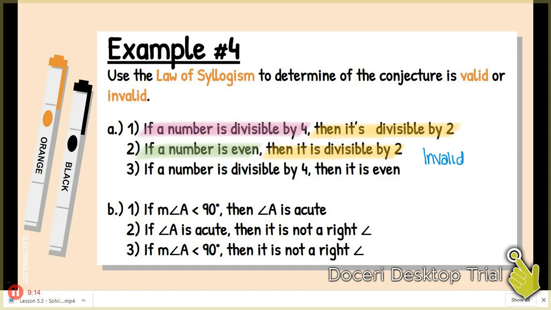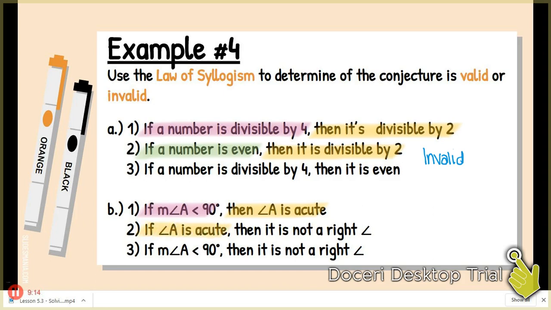Okay, so B. We're going to start with if the measure of angle A is less than 90 degrees, then angle A is acute. So for the law of syllogism to work, I have to start with if angle A is acute, and I do.